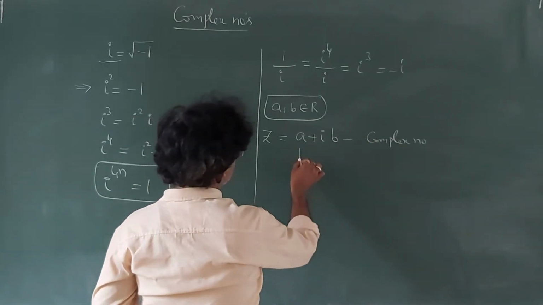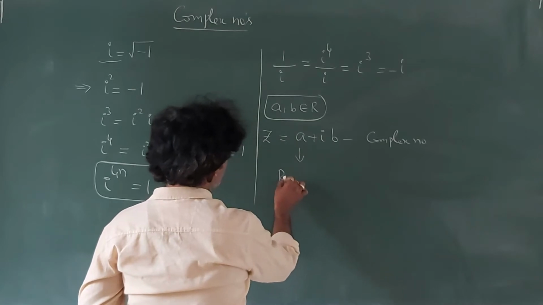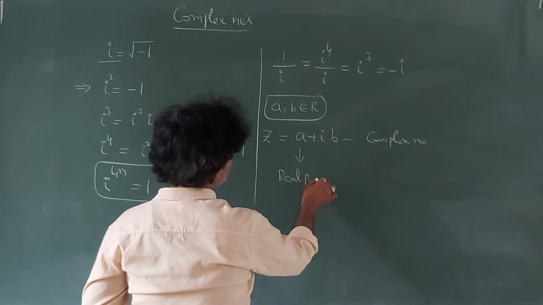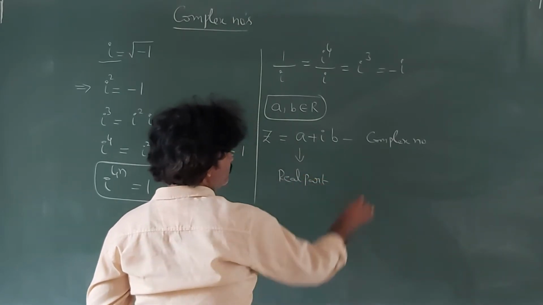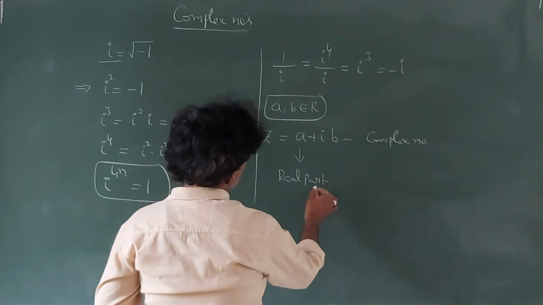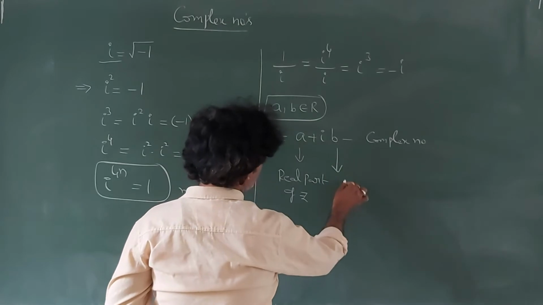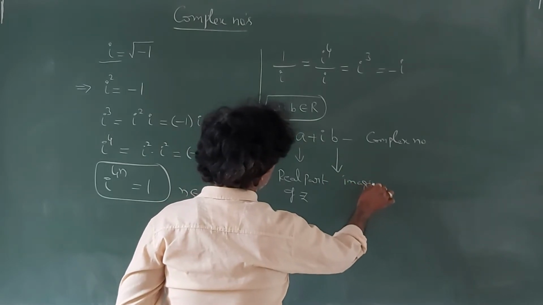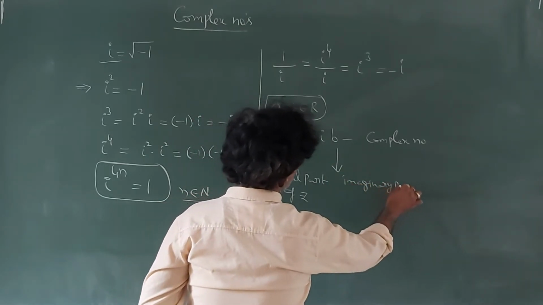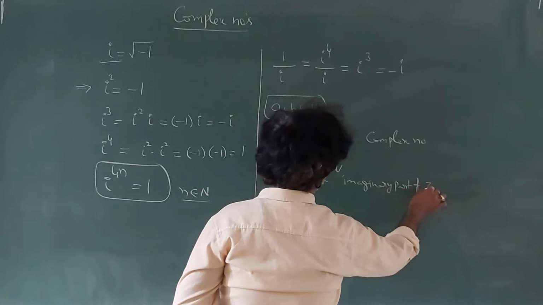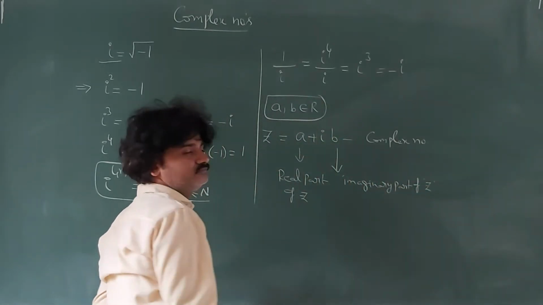This is called a complex number. Here a is called the real part of the complex number, and this b is called the imaginary part of the complex number z.